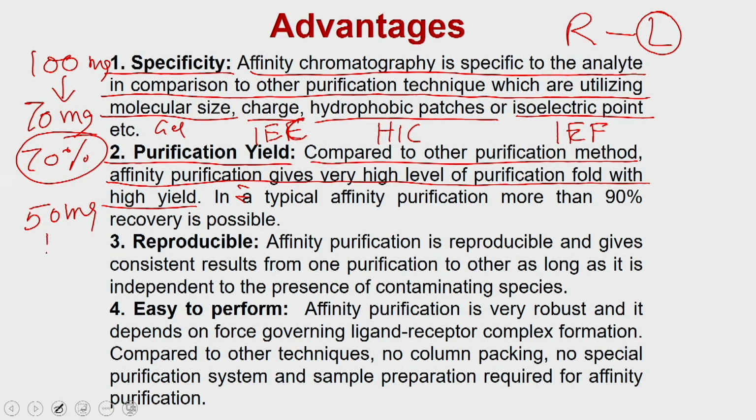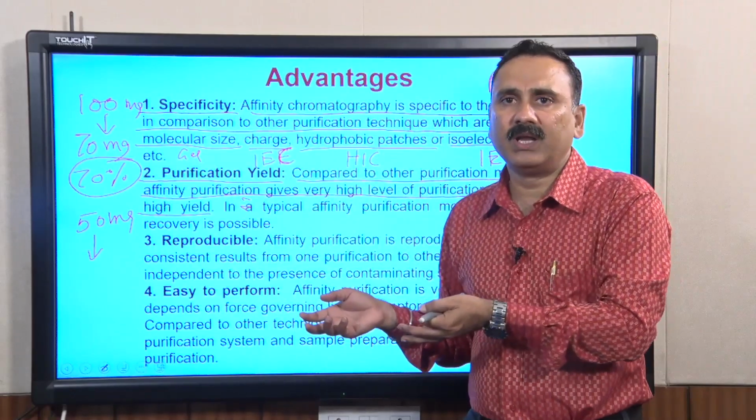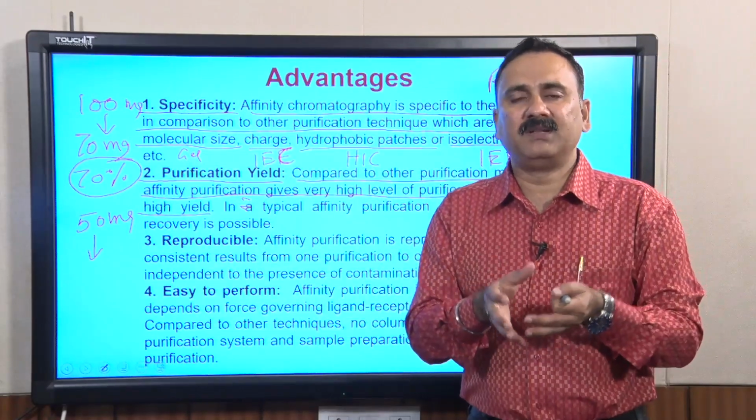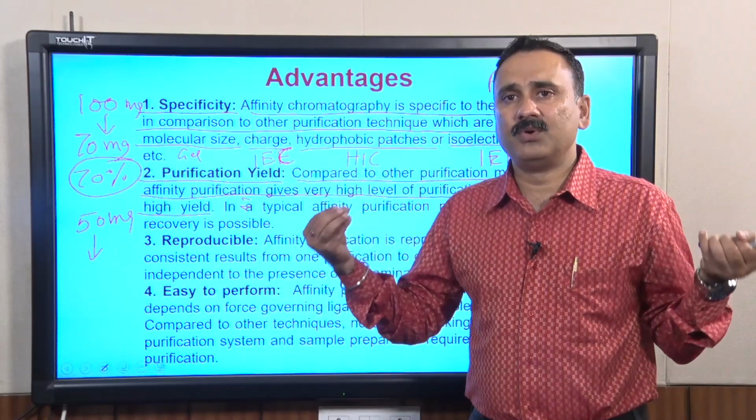Now, this 50 mg of protein you have loaded onto the hydrophobic interaction chromatography. Out of this 50 mg, suppose again you got a similar kind of pattern, you got 5 or 6 fractions where your protein of interest is more compared to all the other proteins. Then you will take those fractions, but you will discard all other fractions where your protein is less but the impurities are more.